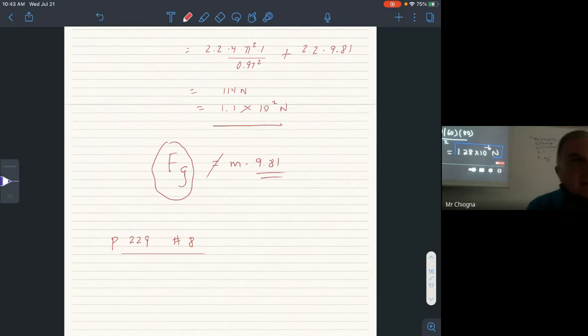What really affects the smallness of this force? It's this constant here, 10 to the minus 11. Such a small exponent results in a very weak gravity. So how do you overcome that? Why do we see the effect of gravity on a more massive scale? Because on a more massive scale, these masses are bigger, at least one of them is. You're dealing with the mass of the Earth.